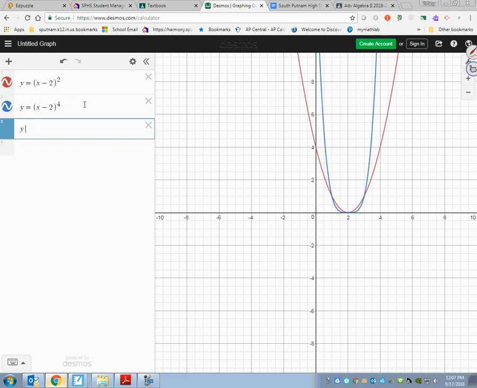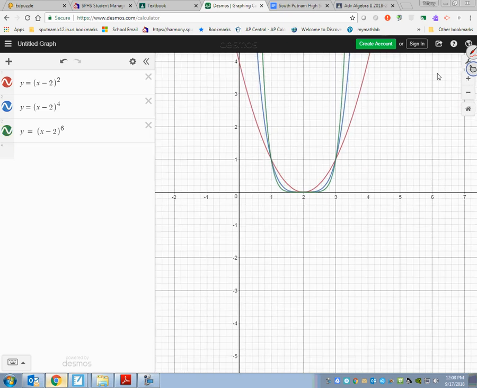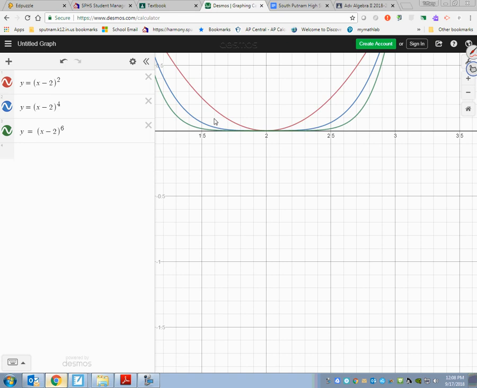And what if I go a little bit further? What if I do (x - 2) to the 6th power? Look, you can pick all the ones you want. As you zoom in closer and closer to this graph, it looks like it's really flattening out there, right?